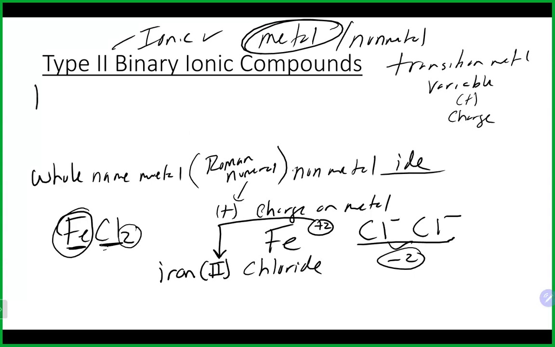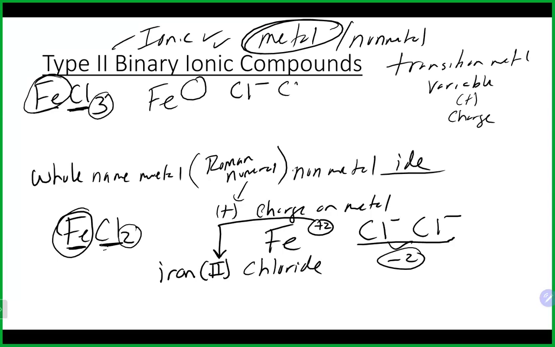And let's just say, for example, I had FeCl3. Once again, metal, non-metal, it's ionic. Looking at our metal, which is still iron, which tells us it's a transition metal and a type 2 metal. Once again, I may not know the charge, but we do know Cl is still group number 7, which has a -1 charge. But in this case, we don't have 2 of those.